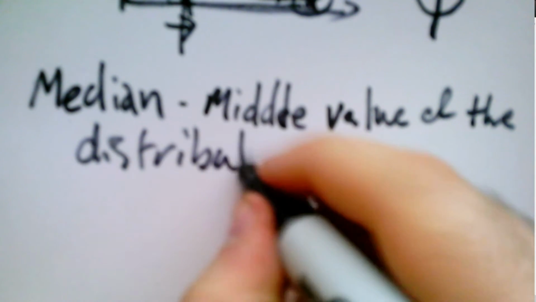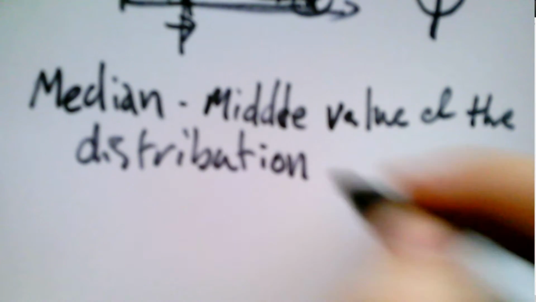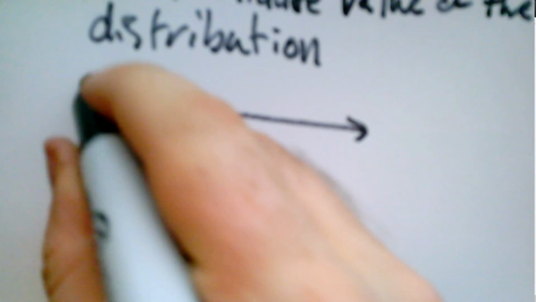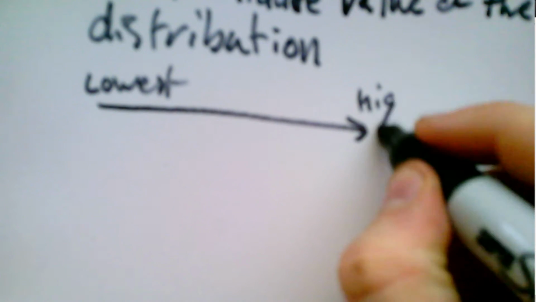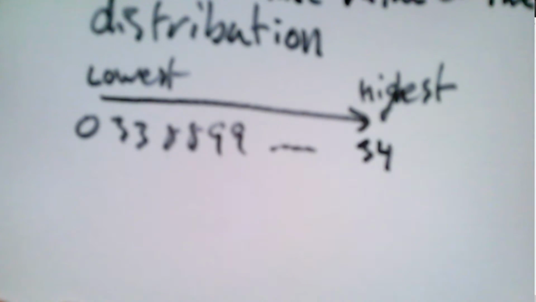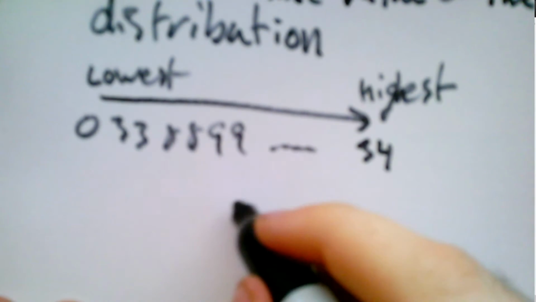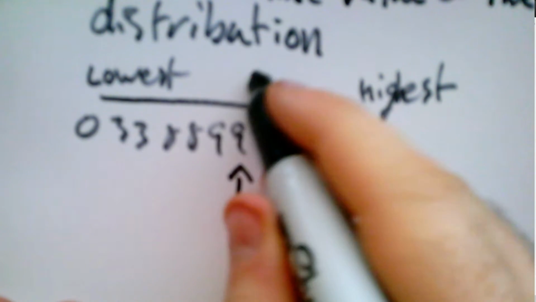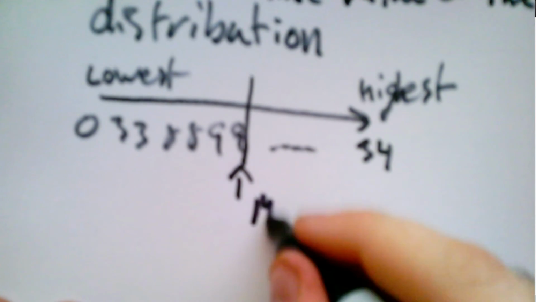If that doesn't sound well defined, this is what I mean. If you take all of the elements in your distribution and put them in order from lowest to highest, so in this case we have 0, 3, 3, 8, 8, 9, 9, and a bunch of stuff, and 34 as the highest, whichever element is in the middle, that's the median.